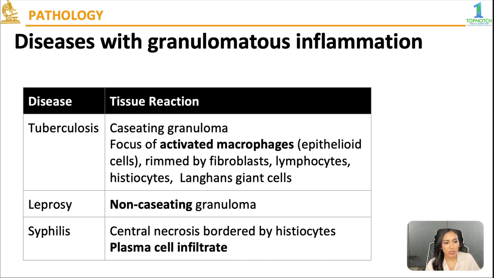Whereas in leprosy, there's a non-caseating granuloma. And in syphilis, there's central necrosis bordered by histiocytes, and the buzzword here is plasma cell infiltrate. So, na-mention sa case na may specific plasma cell infiltrate, therefore we can narrow down our diagnosis to syphilis.